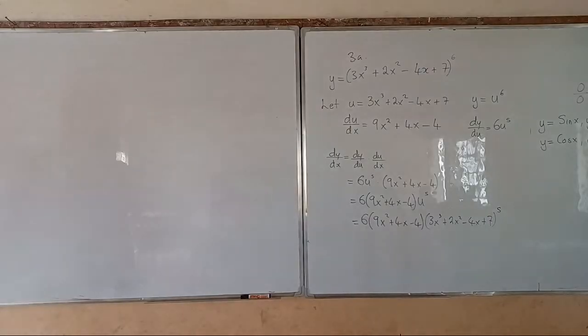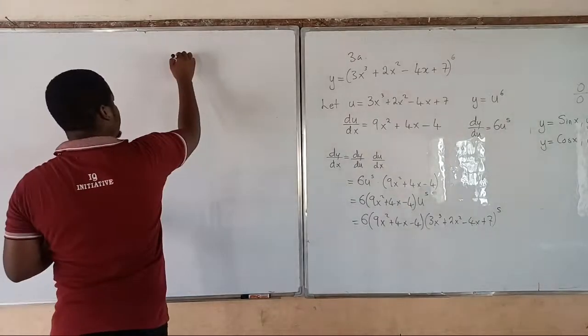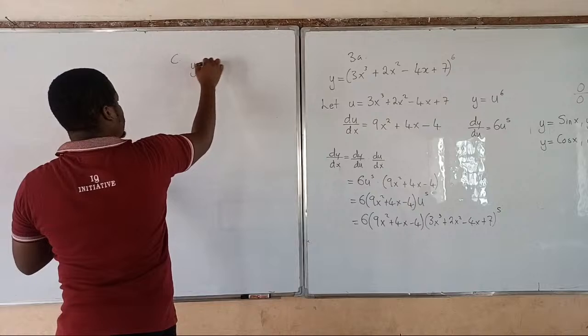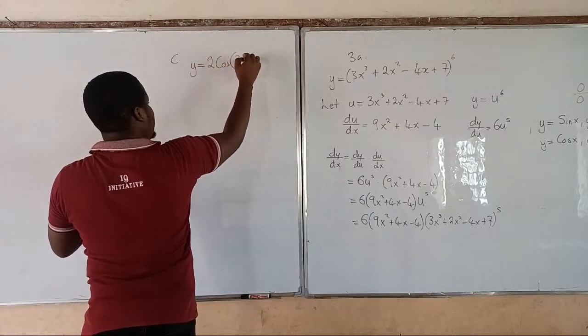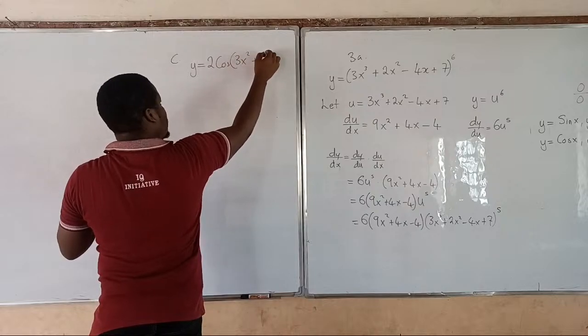Okay, so question 3, the one which has the trig function, you have y is equal to 2cos(3x^2 + 5).